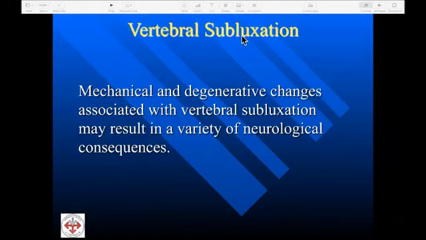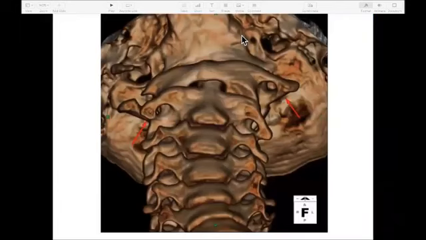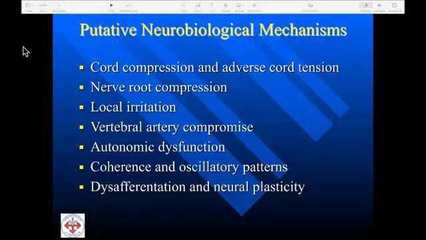We know that mechanical and degenerative changes associated with vertebral subluxation may result in a variety of neurological consequences. In this cone beam CT examination, we can see the rotational malpositioning of the atlas or first cervical vertebra. The clinical significance of this depends on which anatomical structures are affected and which physiologic mechanisms are operationalized as a result.